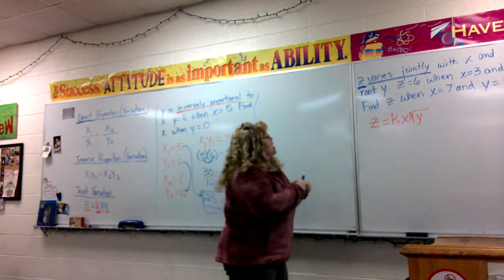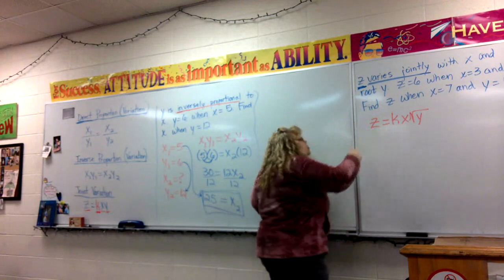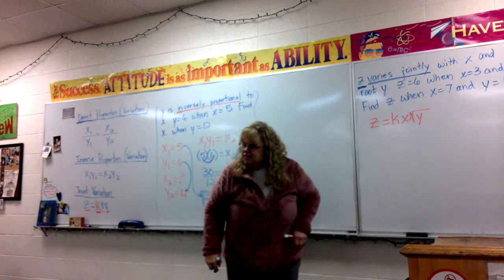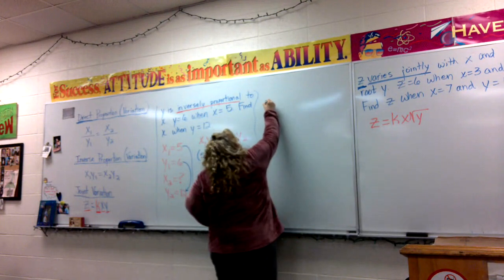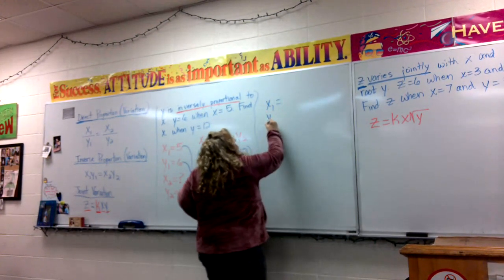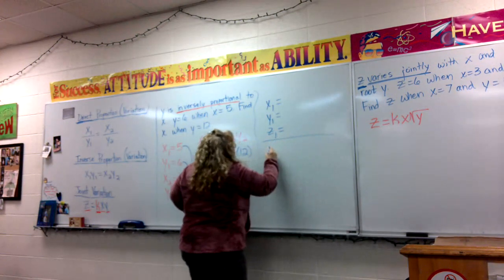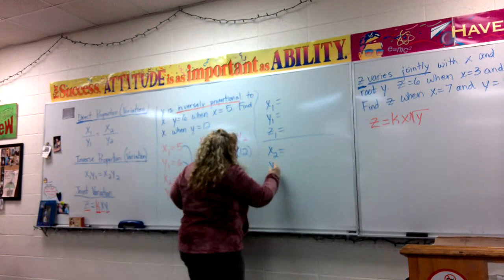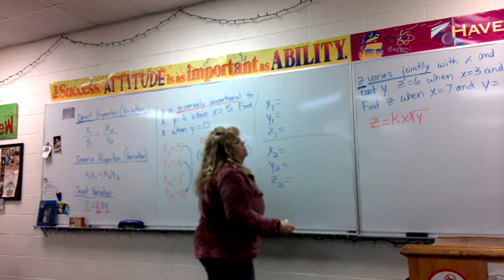And by the way, whatever one comes first, since z came first, that's the one that goes over there on this side by itself. So now I'm going to have x1, y1, z1. And I'm going to have x2, y2, z2. Fill in what we know.